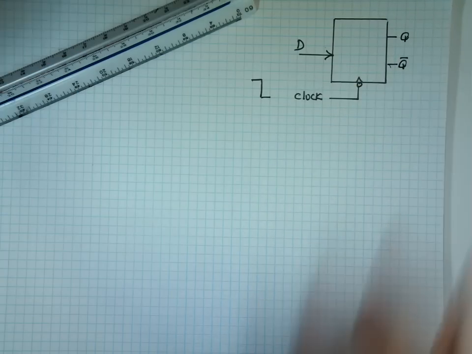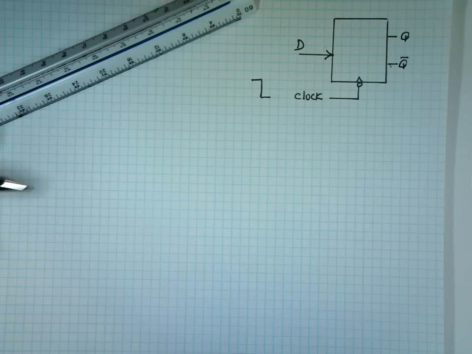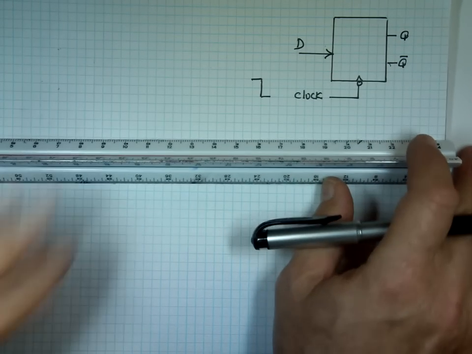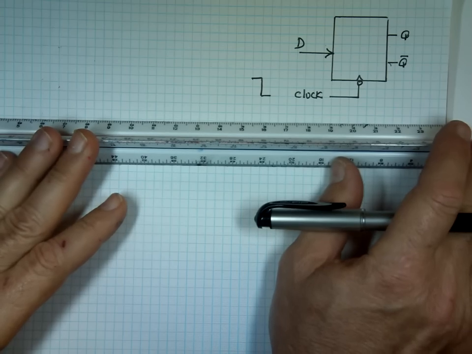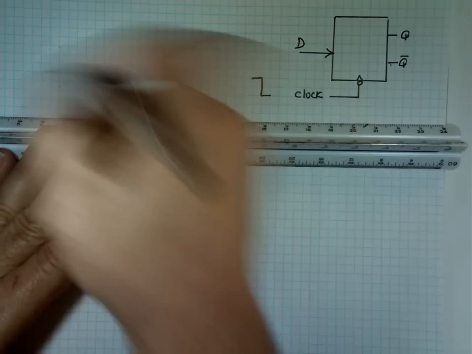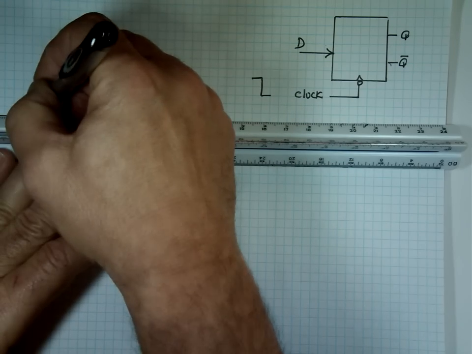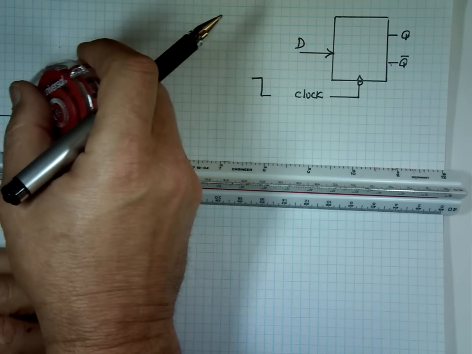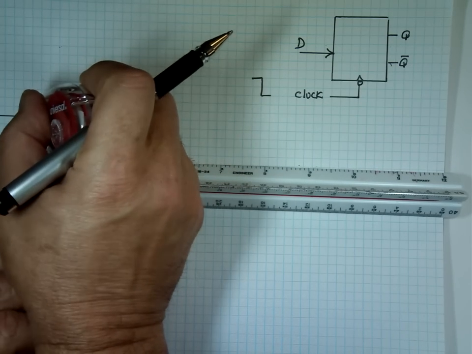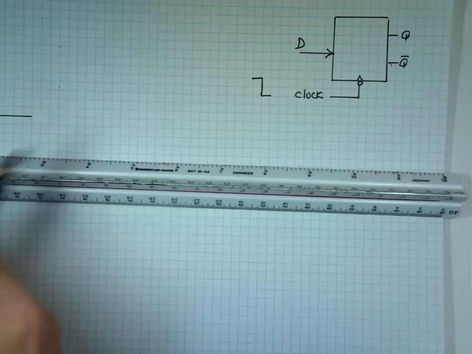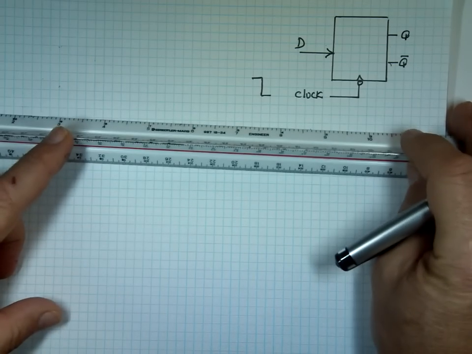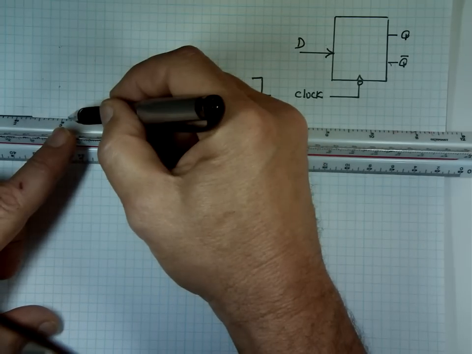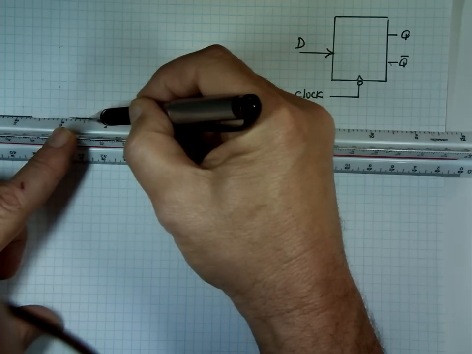So let's make a clock here. This is the part I don't want to draw. You know what? I better count. It makes my life easy. 1, 2, 3, 4. One, two, three, four. 1, 2, 3, 4.